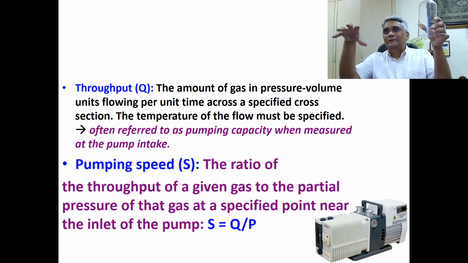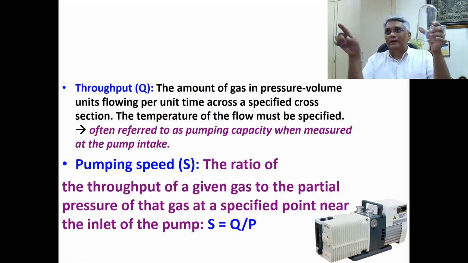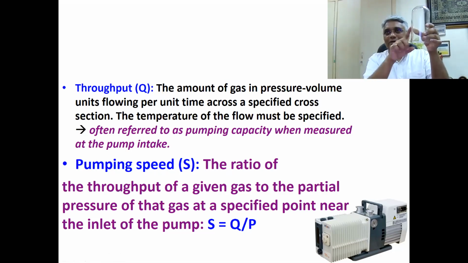So the pump is here, the chamber is here, and there is something that connects the pump to the chamber. So obviously, the pumping speed tends to drop, or the pumping speed at the inlet need not be the same here because of this connector. There's a connectivity, there's conductance.